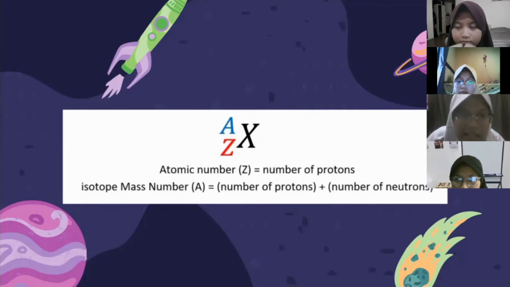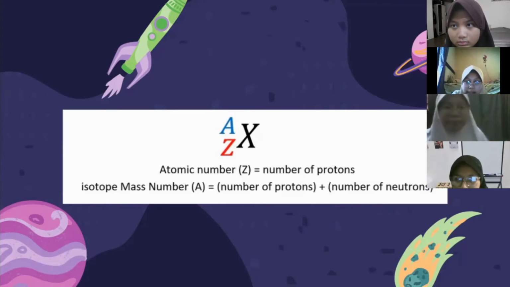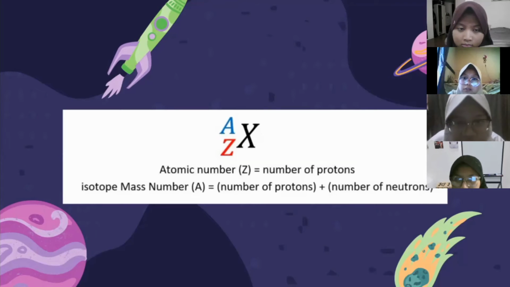And then Z is the atomic number, number of protons, or we can call it number of electrons, because number of protons equals number of electrons. Oh, I see that. So we can write Z at the bottom and A at the top. Yes. Okay.